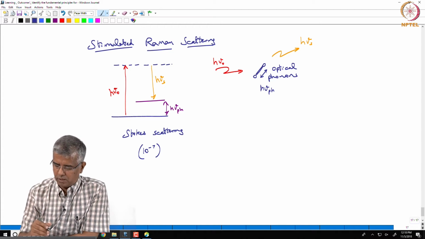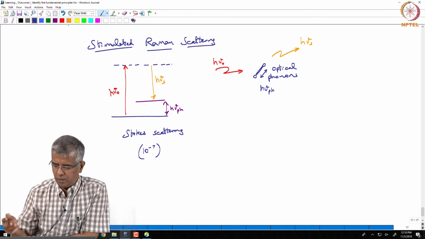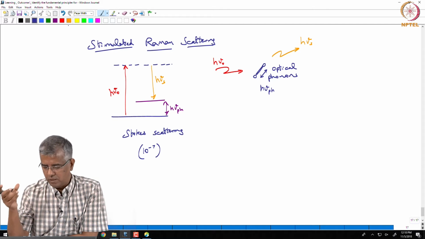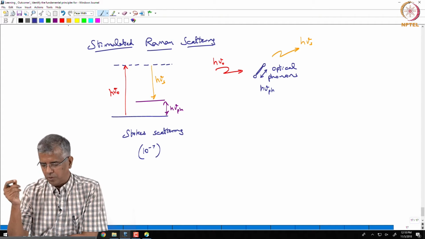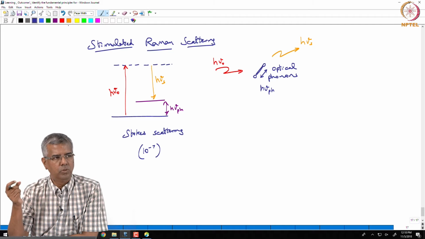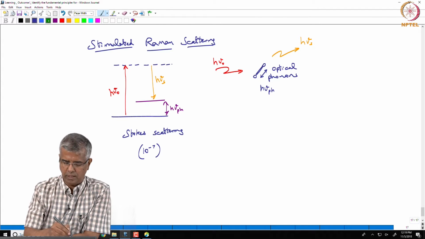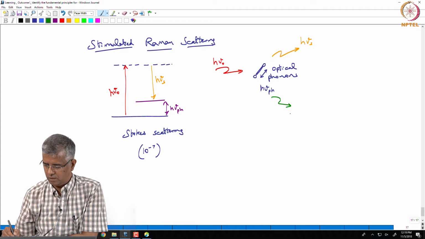The other process is, if the molecule is already in a vibrational state, that means it possesses this energy h nu phonon, then an incoming photon has an opportunity to suck that energy out of the system, and you can scatter off with an even higher energy photon.